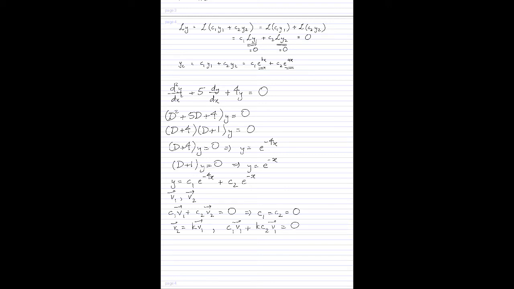Then this equation can be satisfied if c1 plus k c2 is equal to 0, so that c2 is equal to minus c1 over k. So one solution to this equation would then be that c1, say, is 1, and then c2 would be minus 1 over k.